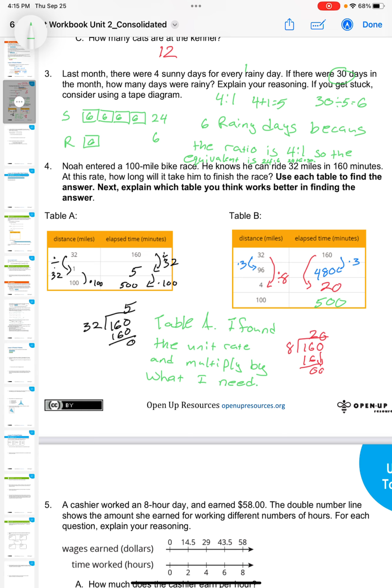But for some of you, it may be easier to notice, hey, I can multiply this by 3 and then find something to scale this down to 4 and then add them together. Or double this to 64 and then add and scale down.